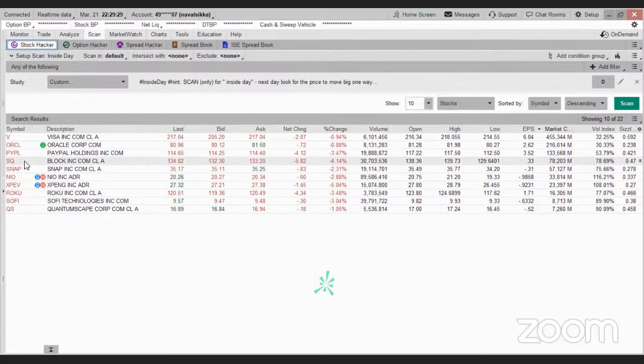I'll go for Square. Let me add one more row here for Square. All right, so the structure is all good now.